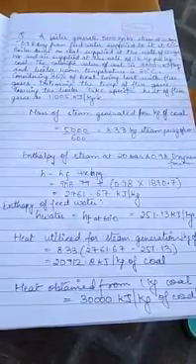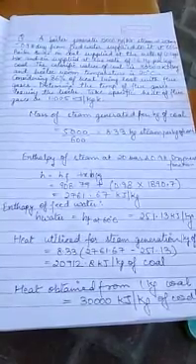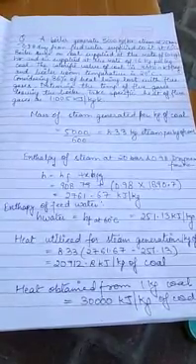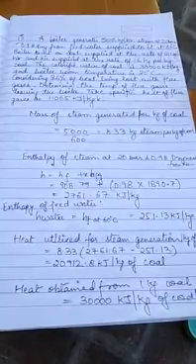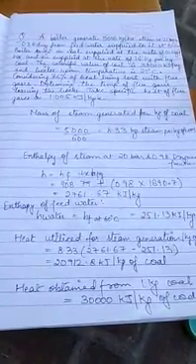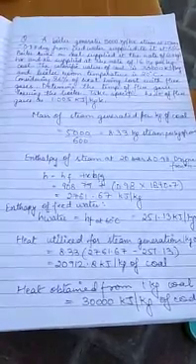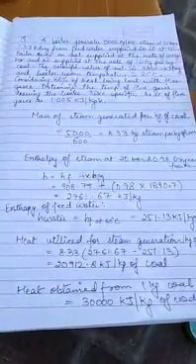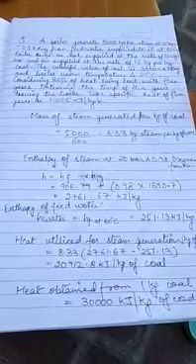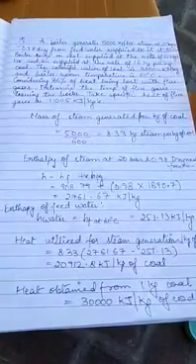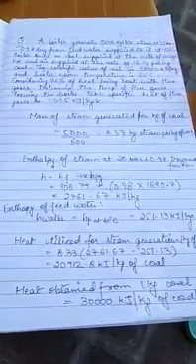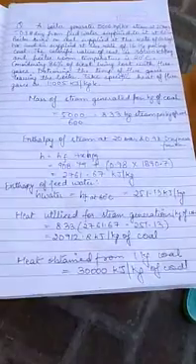The calorific value of the coal is 30,000 kilojoules per kg and the boiler room temperature is 20 degrees Celsius. Considering 86% of the heat being lost with the flue gases, determine the temperature of flue gases leaving the boiler. Take the specific heat of flue gases as 1.005 kilojoules per kg Kelvin.